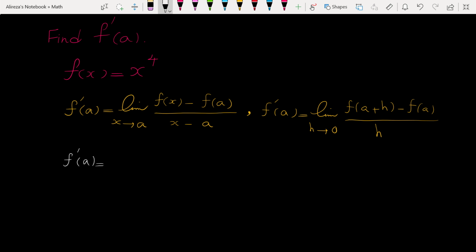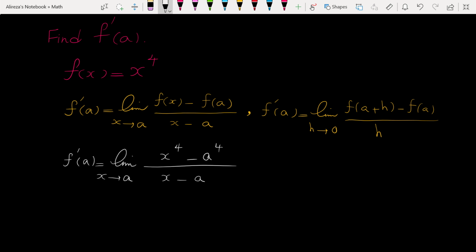F prime of a equals the limit of f of x, which is x to the 4, minus f of a. F of x is x to the 4, so f of a is a to the 4. Simply replace x with a, all over x minus a as x approaches a.